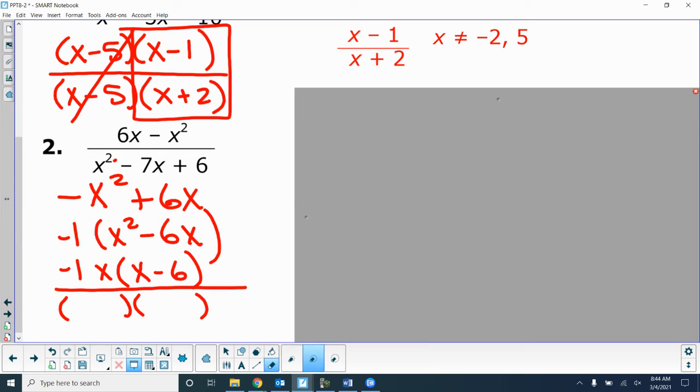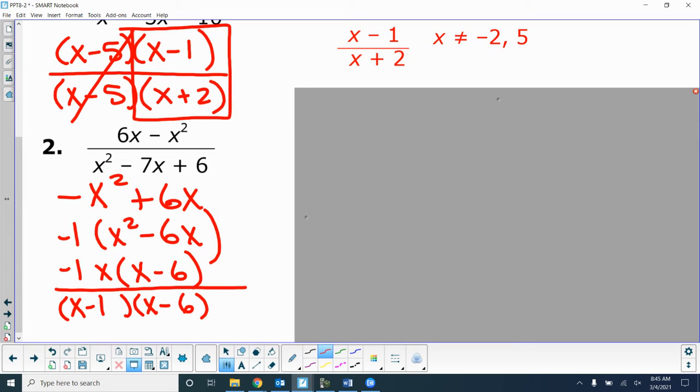Do that part first. 2 and 3, but do they add up to 7? No. What's another pair that multiplies to get 6? Very good. But since it's negative 7, it's negative 1 and negative 6, right? Because when I multiply negative 1 and negative 6, I still get positive 6, but when I add them, I get negative 7.